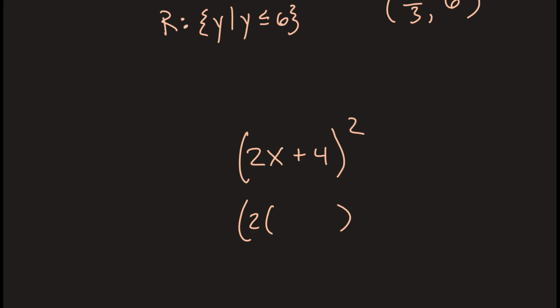Now take out means divide, so 2x divided by 2 is x, and then 4 divided by 2 is 2. It's just normally that isn't written as a fraction. Normally it divides nicely. But when it doesn't, it's okay to leave it as a fraction. All right?